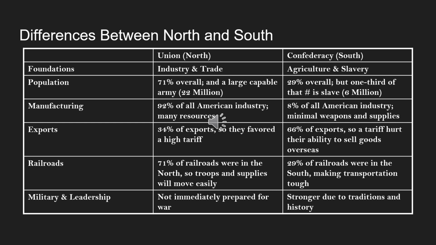Now let's talk about the biggest advantage that the South had, and that is their military leadership. Think Stonewall Jackson, think Robert E. Lee. Those are brilliant military tacticians, and they are able to lessen the South's negatives.